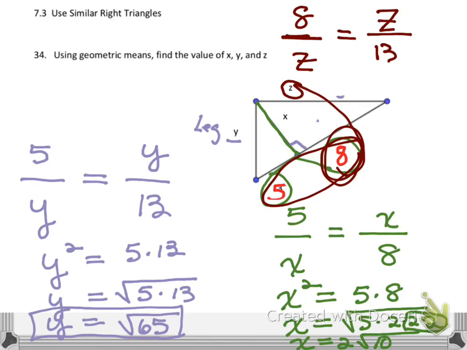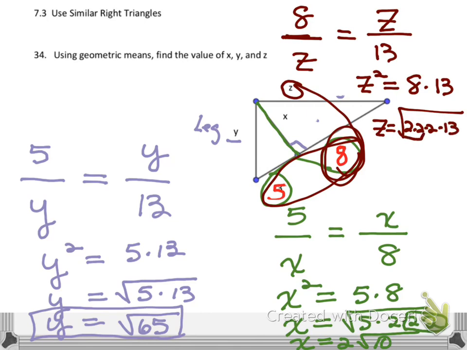So now what do I know? Doing my cross products, z squared equals 8 times 13. Taking the square root of both sides, z equals the square root of 8, which I already know is 2 times 2 times 2, times 13, which is prime.